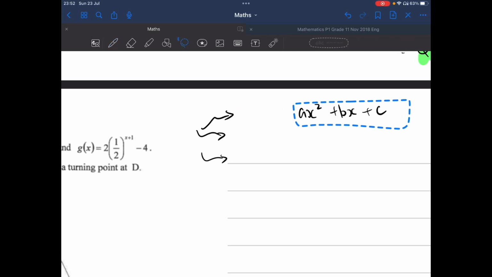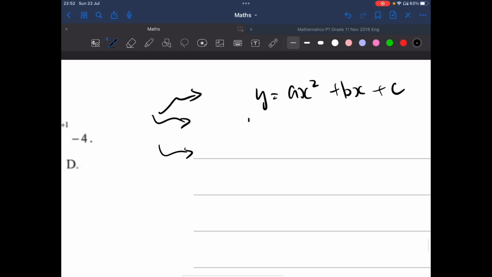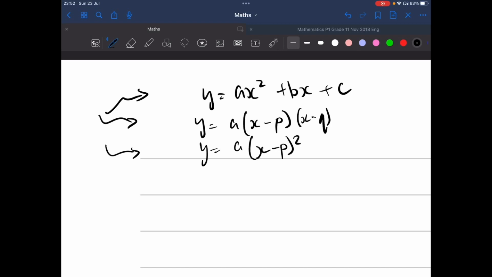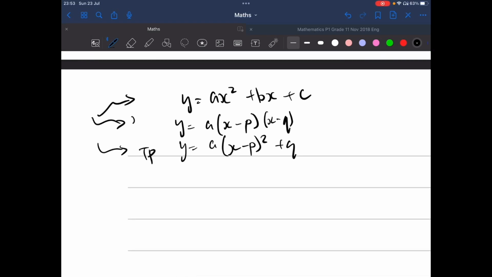Or you can have the x-intercept form, so you have y equals a(x minus b)(x minus q), or you can have y equals a(x minus p) squared plus q. Okay, this is called turning point form. This was the x-intercept form, and this is our standard.